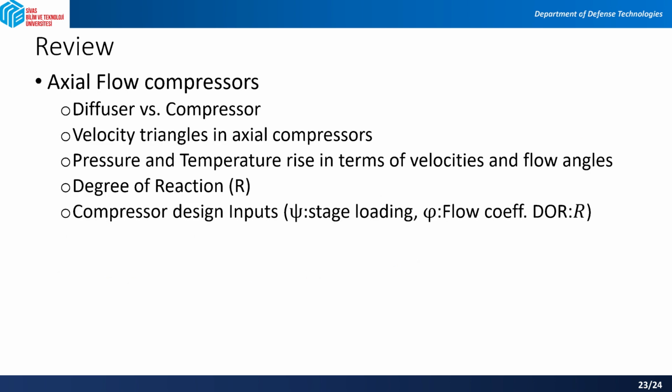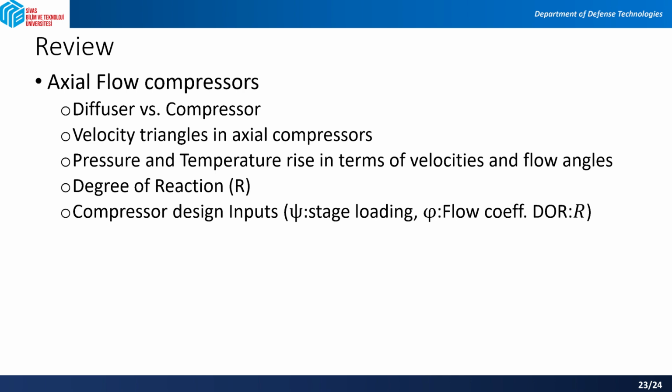As a review, what did we do? We saw a little bit of information about similarity. We gave you a homework about this. Then we switched to axial flow compressors and fans. We said there is a major difference between a normal diffuser and a compressor, which is a rotating diffuser.